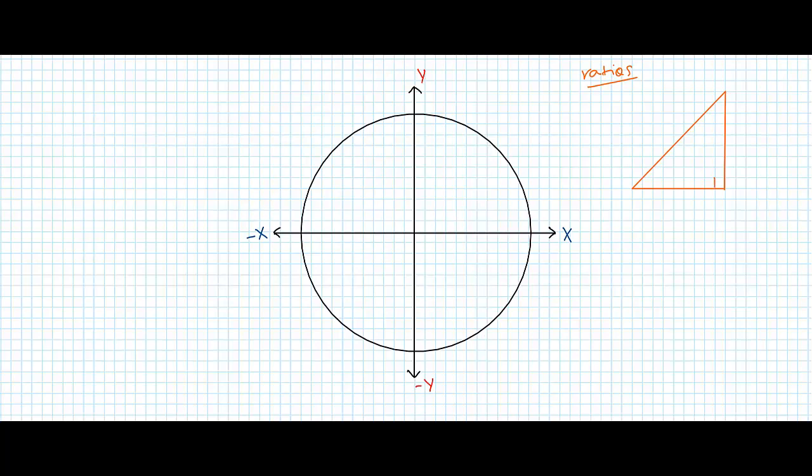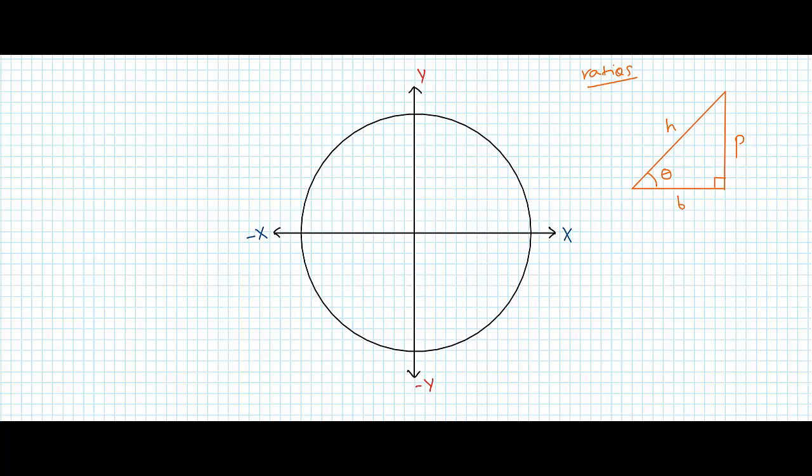Let me label the right angle first, okay, and let us say the hypotenuse of this triangle makes an angle theta with the base, okay, and let me label the different parts of this triangle. So the base is labeled B, the perpendicular is labeled P and the hypotenuse is labeled H, okay.